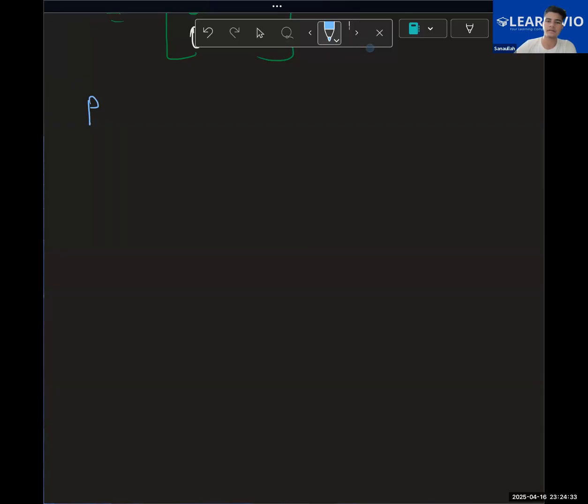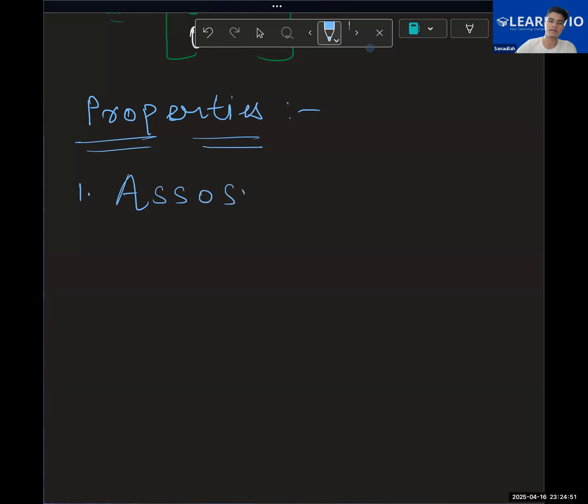You have some properties, some laws. Like the first law, the associative law. You already know about this, I have already told you. This is the associative law.